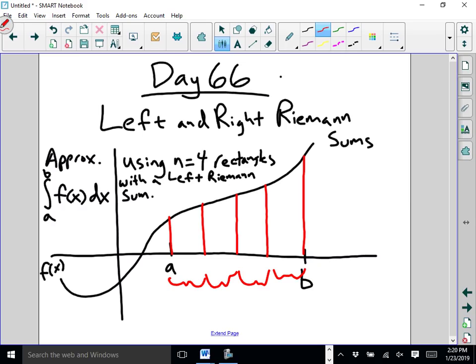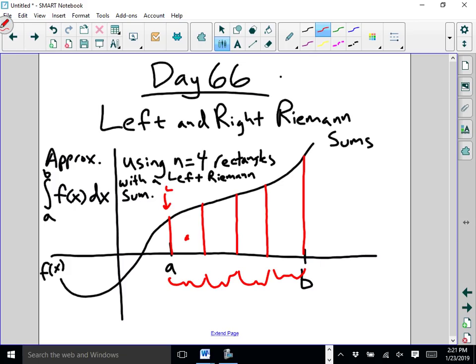Now, depending on if I'm doing a left Riemann sum or a right Riemann sum, depends on where I make the top of this rectangle. The base of the rectangle is the x-axis, and the sides are those red lines. But to figure out where to make the top, I need to follow whether I'm doing a left or a right Riemann sum. So taking a look at this first rectangle, I want it to be a left Riemann sum. So this one is on the left, this one is on the right.